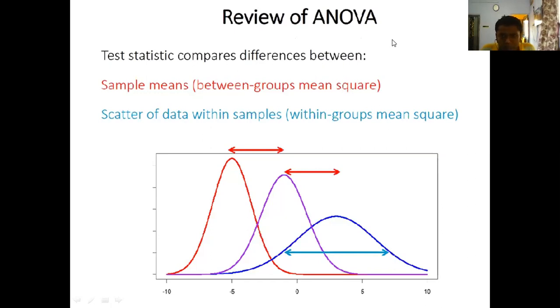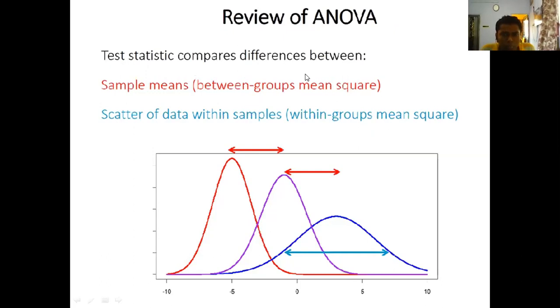Similarly, three-way ANOVA has one dependent variable and three independent variables. Four-way ANOVA has one dependent variable and four independent variables, and so on. And in case of MANOVA, or multivariate analysis of variance, we will have more than one response variable or dependent variable. That we'll see later.